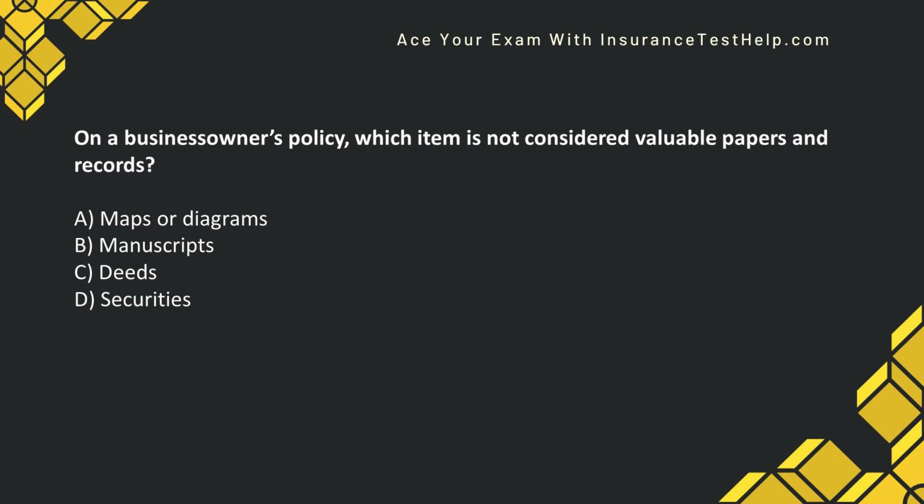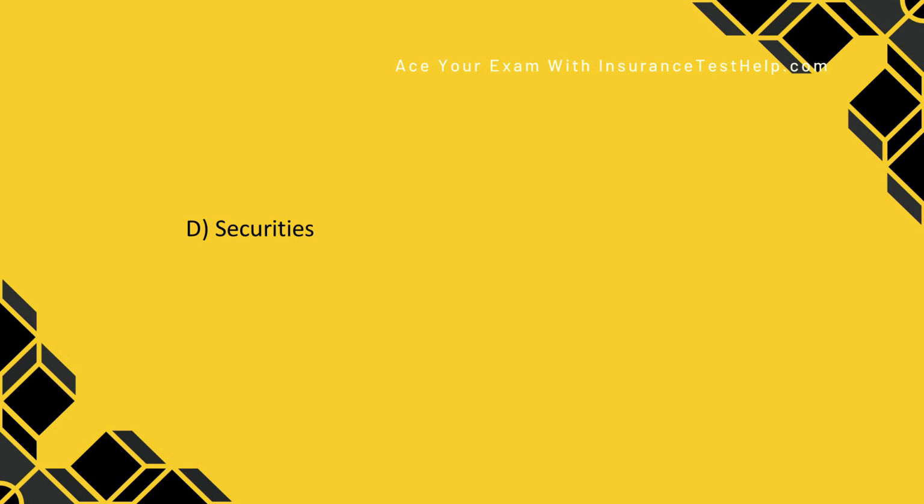These are their records and important papers. So think about when you read the question, what that really defines. The correct answer is going to be D, securities. That is excluded from your important papers and records. So things like money and securities are not covered as important papers.